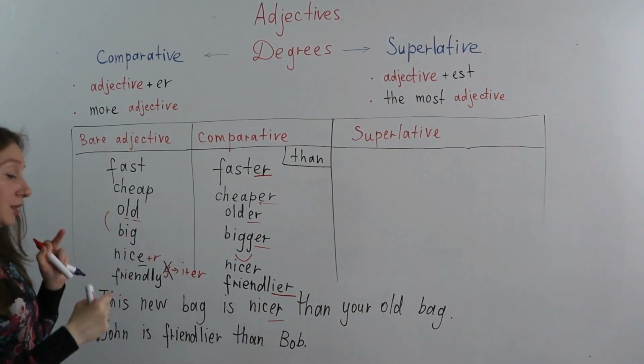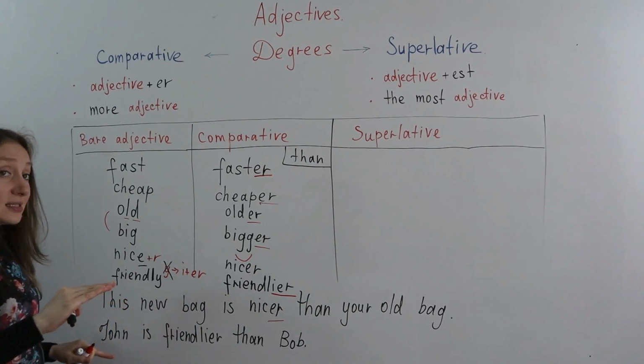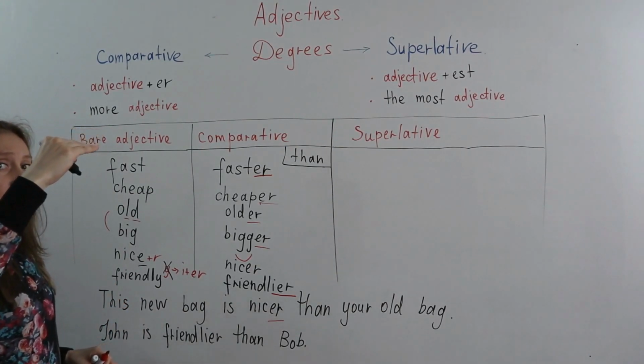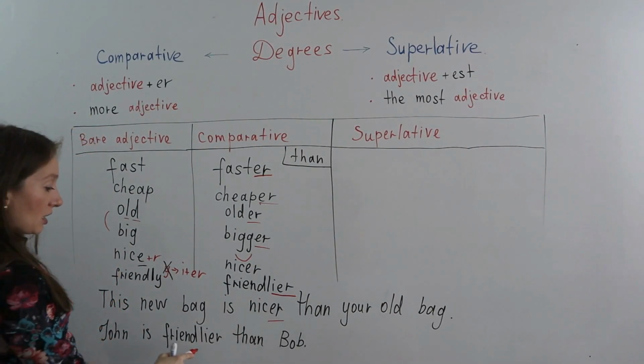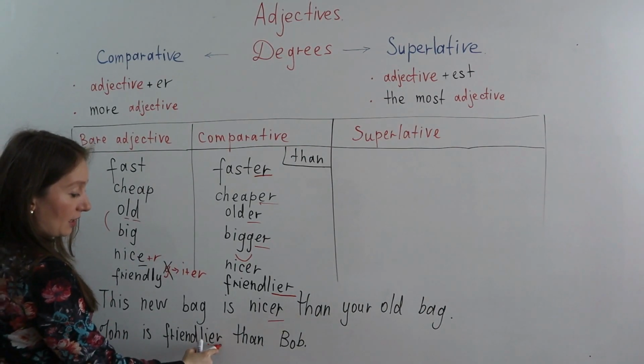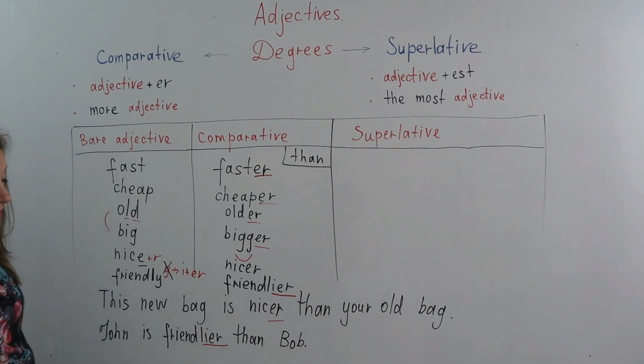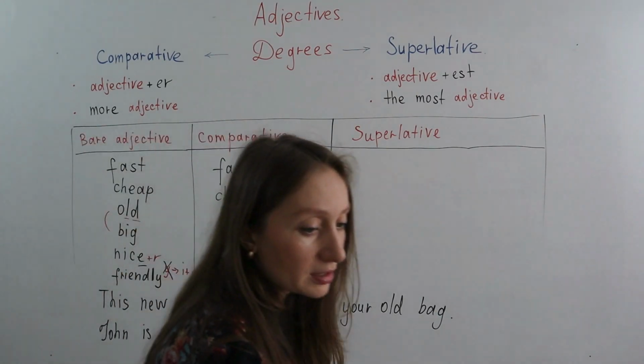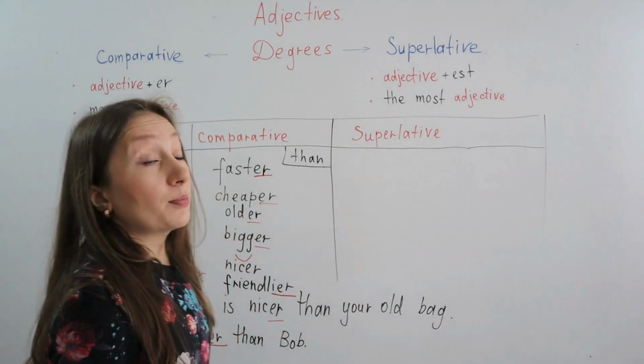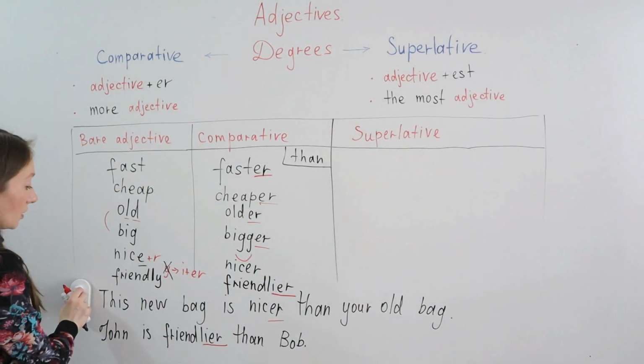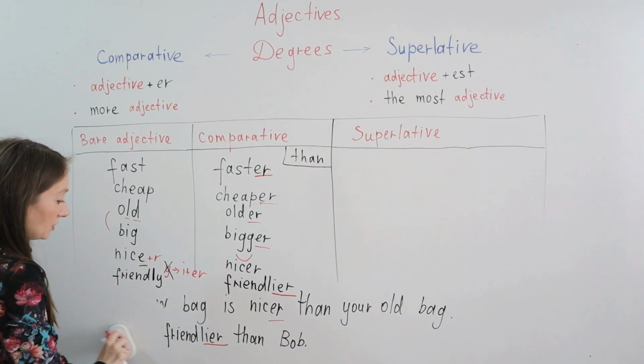There is a comparison between them, but John is friendlier, right? Friendlier. You see, Y changes into I plus ER. Super easy, right? All right, we will continue with the next examples. So I will clean it.